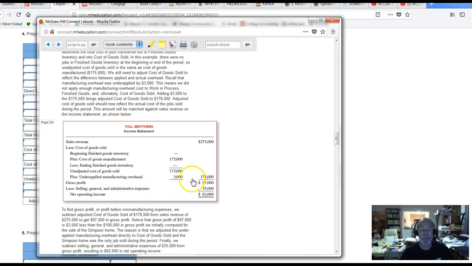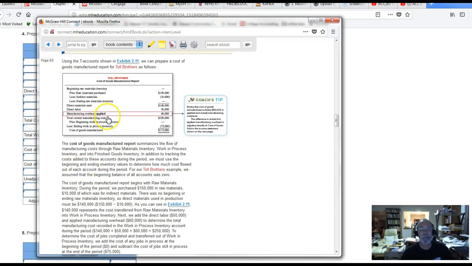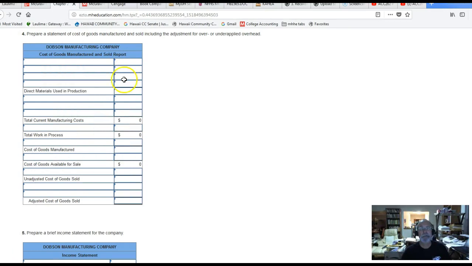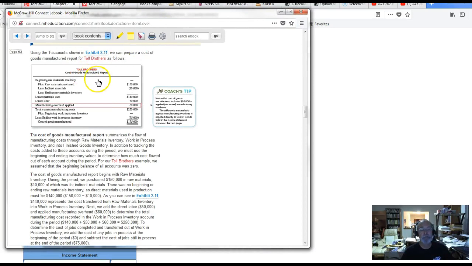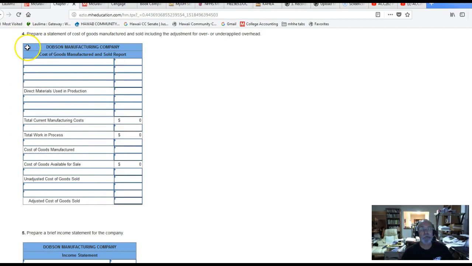And so in the problem, it's asking for this part of the income statement showing what happened to finished goods inventory. It wants you to incorporate that into this statement of cost of goods sold, and as you might notice, into this cost of goods manufactured report. And you might notice that in the problem, the statement title is cost of goods manufactured and sold.